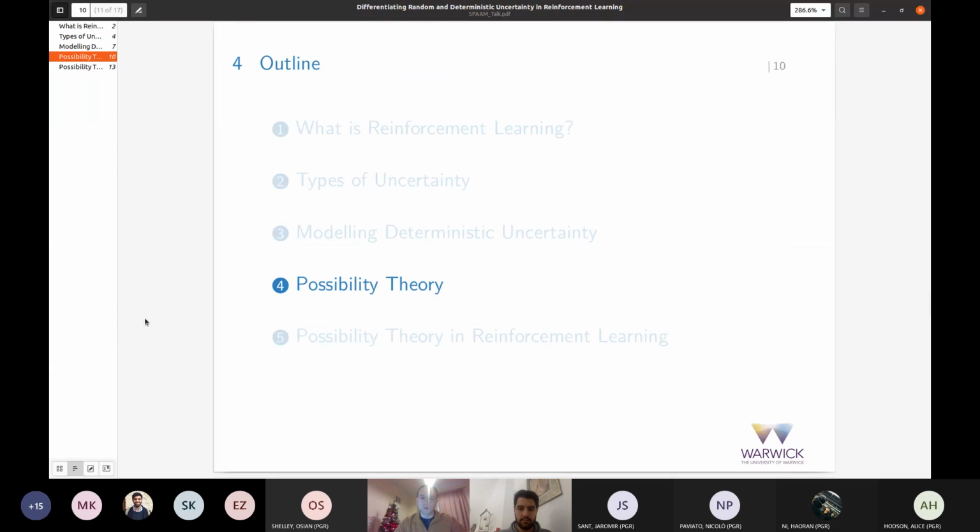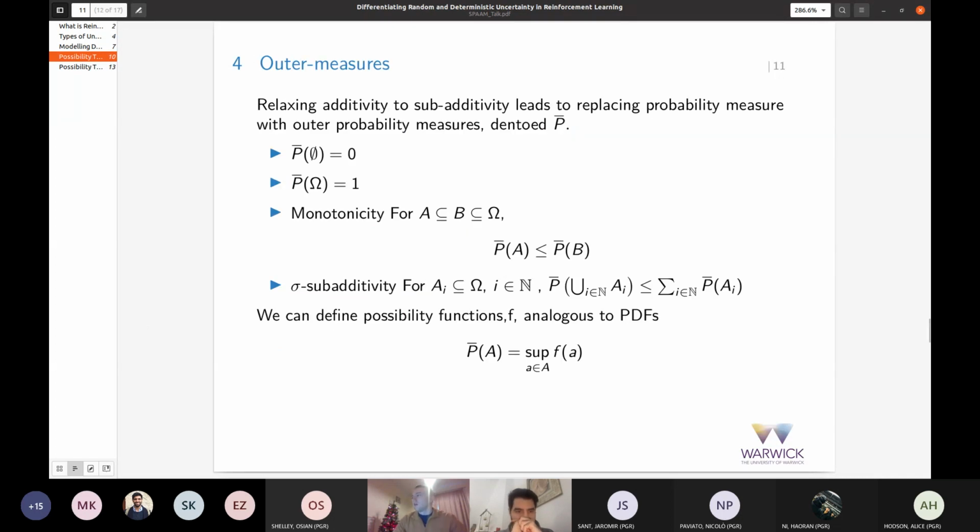Okay, so relaxing additivity to subadditivity leads naturally to possibility theory. We replace probability measures with outer probability measures, which you've probably come across as outer measures in measure theory, when you use them to define the Lebesgue measure, but they're not generally used.